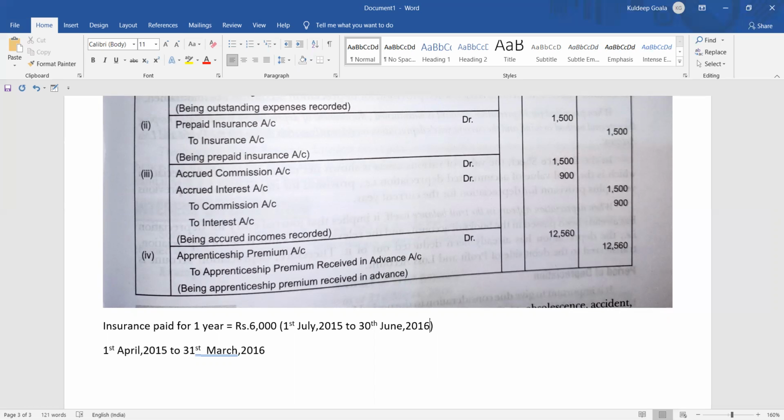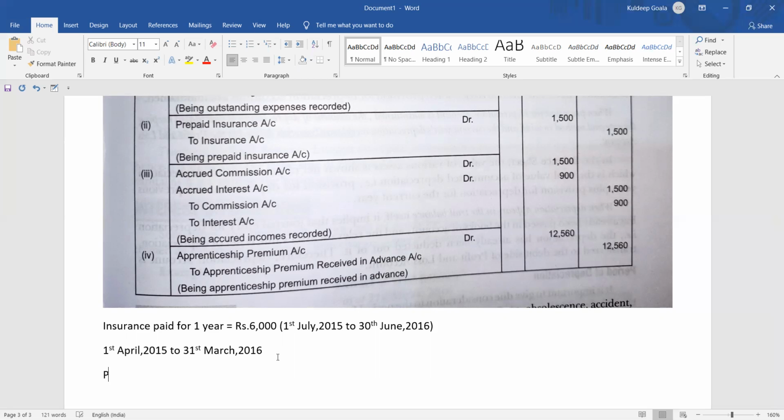So now what is happening here is: how many months extra is there? We are preparing our accounts on 31st March 2016 and we have paid the insurance up to 30th June 2016. So we will count up to March. And after March, what was there? April, May, June, 3 months extra, right?